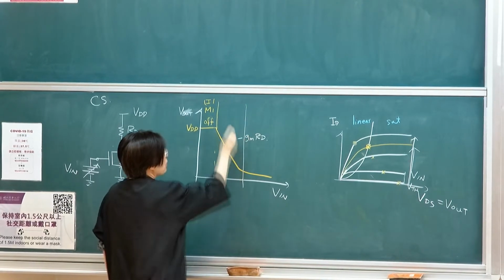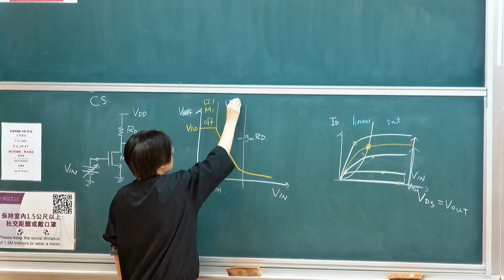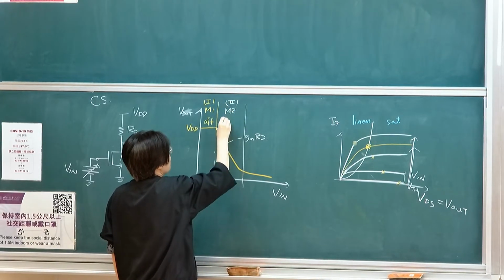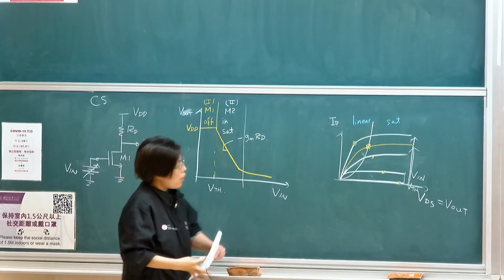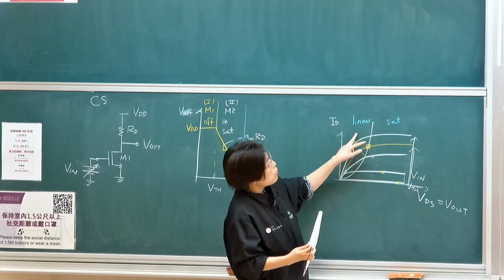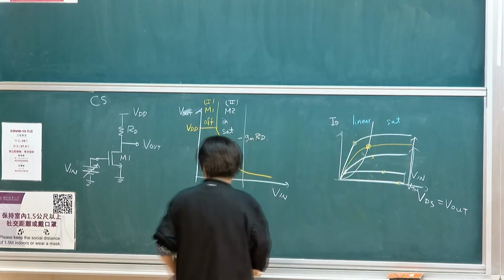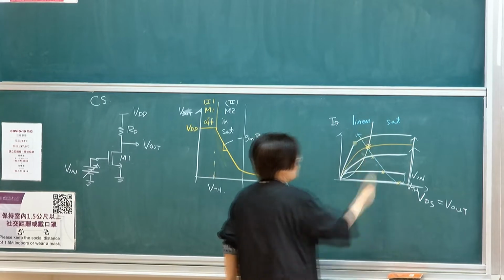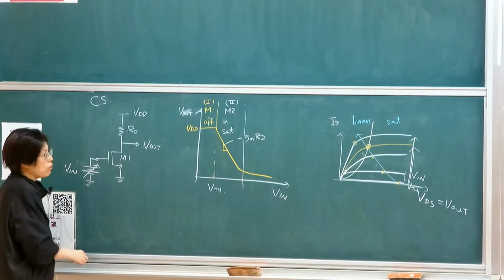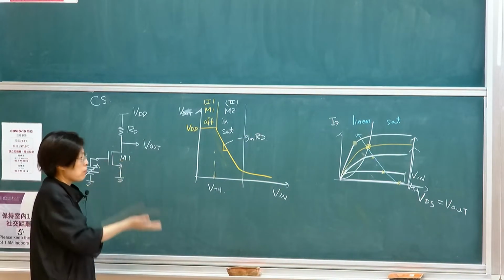There are three regions. Let me first draw the two regions: M2 is in saturation. We'll start with being in saturation and we'll move into the linear region. This is the way your intersecting point goes as input increases.